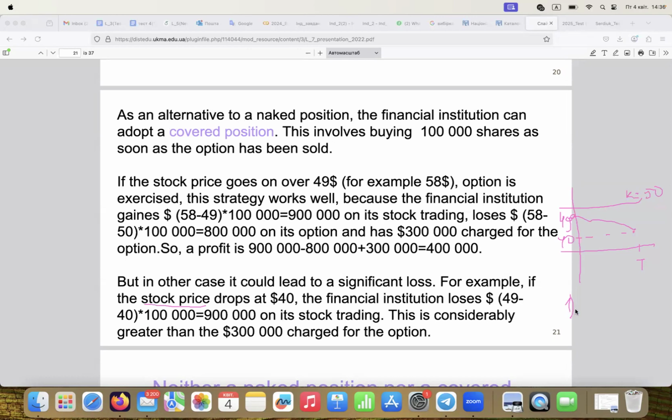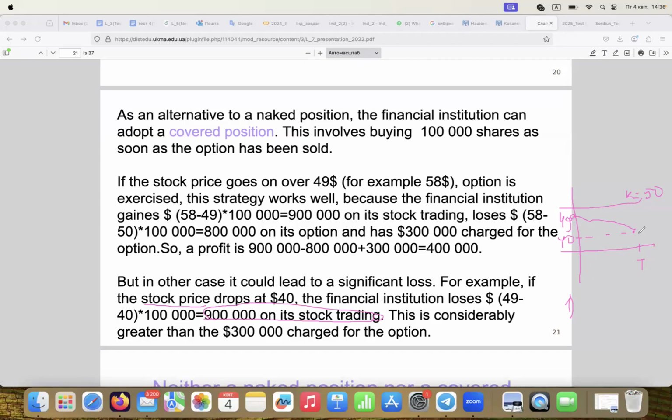I understand. So first, for stock we have a loss. Yes, we have this loss on stock trading. And what about option trading?